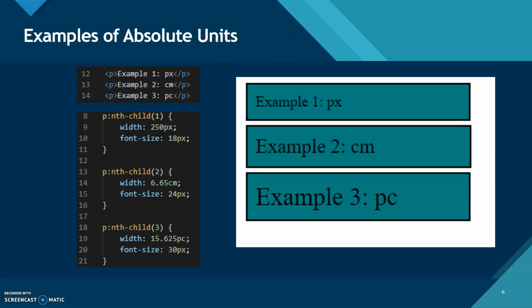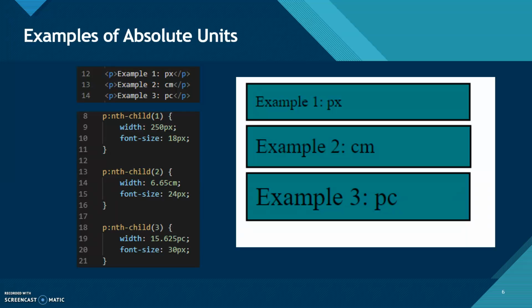An example of absolute units, on here I've got example 1, example 2, and example 3. I put pixels, centimeters, and picas just to show the difference of how they are. So I set all of the widths into the different units here, and you can see that they're almost the exact same.